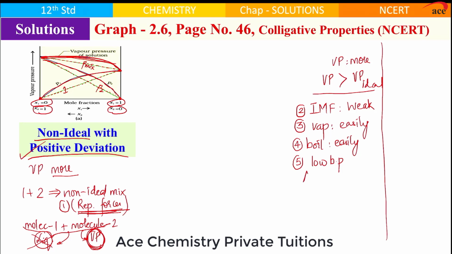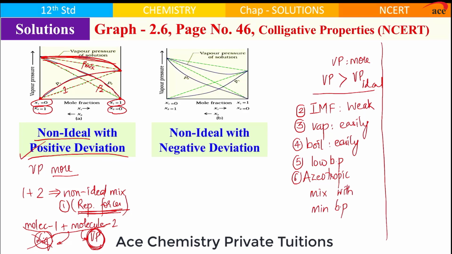Then such a mixture can eventually form an azeotropic mixture with minimum boiling point. So the same graph will be there for an azeotropic mixture with minimum boiling point. That was the graph for a non-ideal mixture with positive deviation.